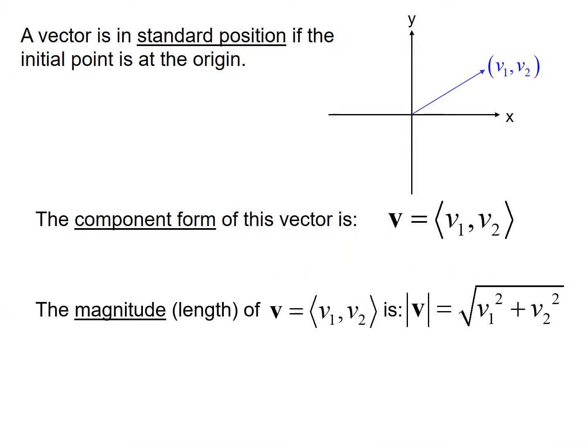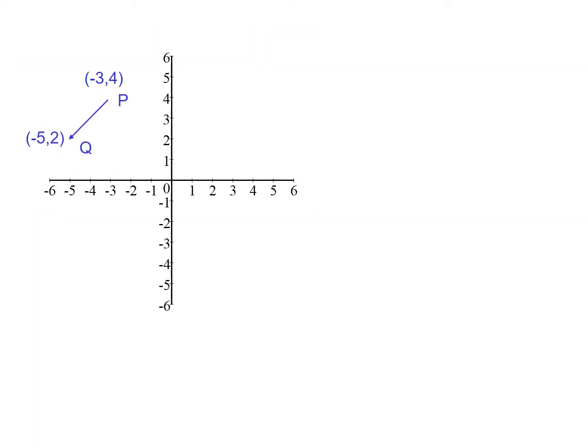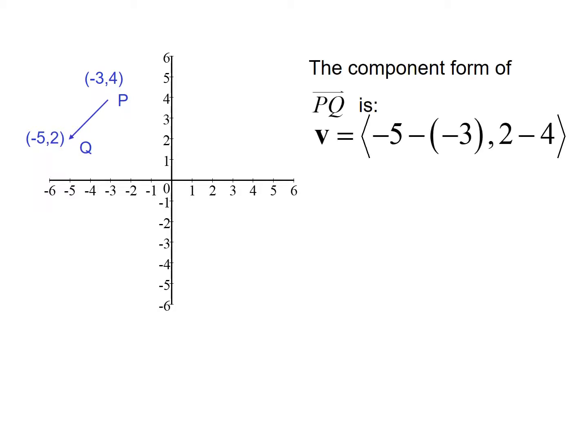If you want to find the magnitude of a vector, you can think of how we could use the Pythagorean theorem. Take the square of the x distance, the square of the y distance, add them together, and take the square root. So here's a vector PQ, and you can see it's not in standard position.